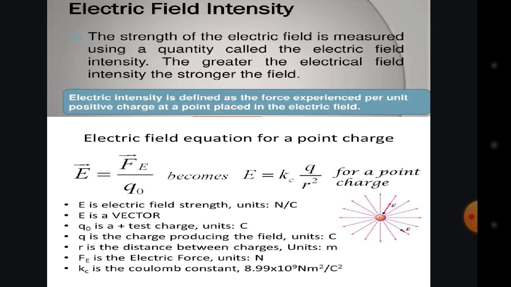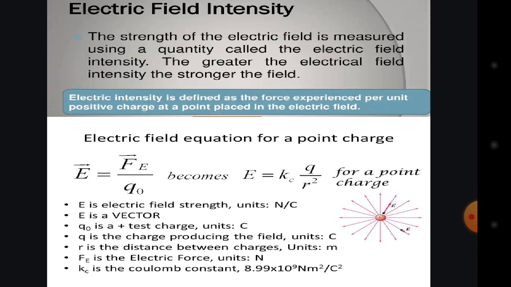And normally electric field has an equation, and the equation is for that positive charge, which says that E, which normally stands for the electric field strength, is equal to Fe, divided by q naught. This Fe is called the electric force, that is where it comes from.